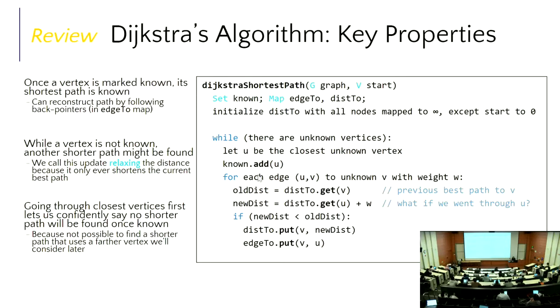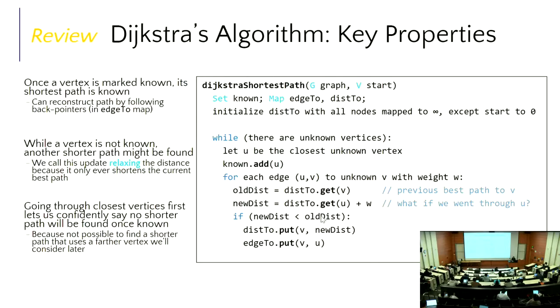And then for each edge that connects us, we loop over each one and we check, hey, if we calculate the current distance plus the weight of that edge, is that new total distance, the new dist, smaller than the old dist?